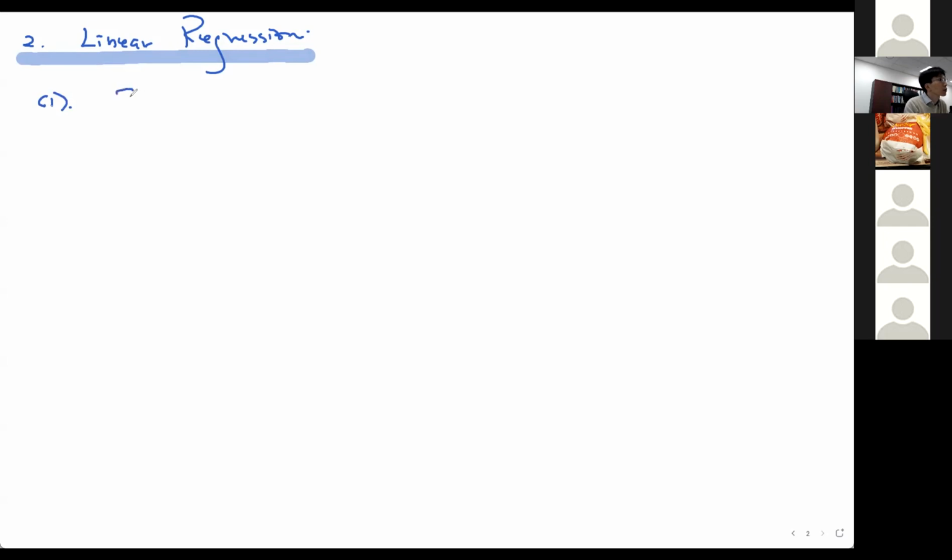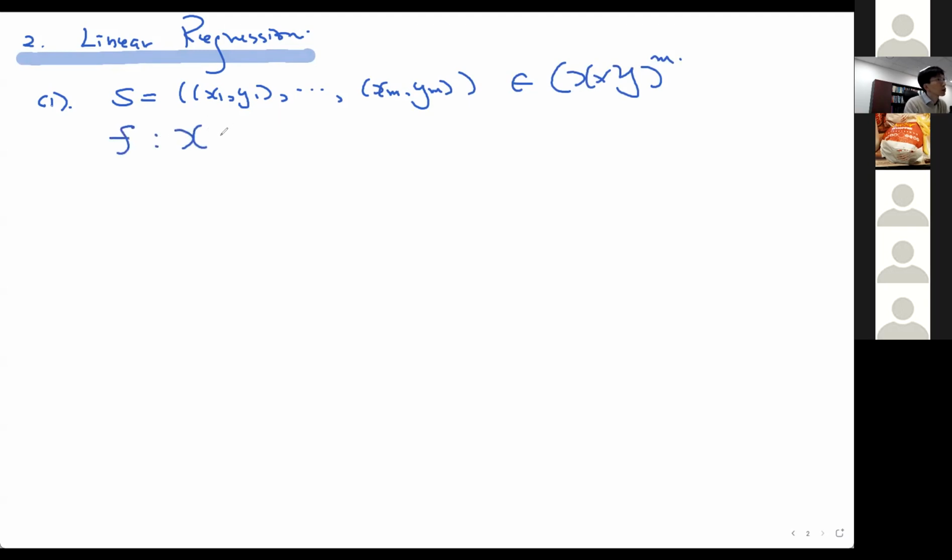We have a bunch of input-output pairs, and from these input-output pairs we want to come up with some function f that goes from x to y. Let's write it h, such that it interpolates these x, y pairs well.